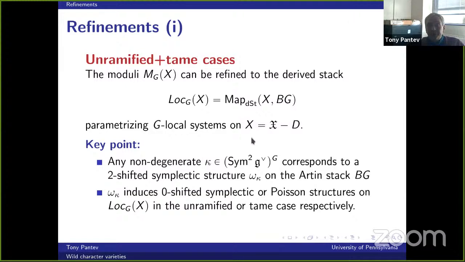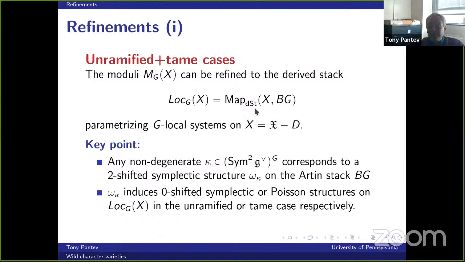And now there is a key observation here, which is that the classifying stack of a reductive group is actually symplectic. It just happens to be shifted symplectic. So any Killing form, any non-degenerate invariant form on the Lie algebra corresponds to a two-shifted symplectic structure on the Artin stack BG.